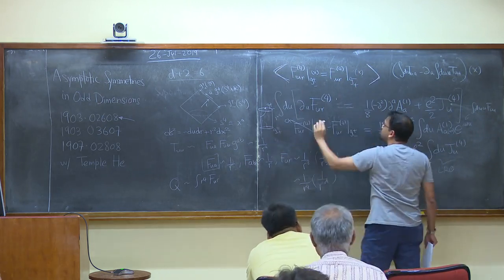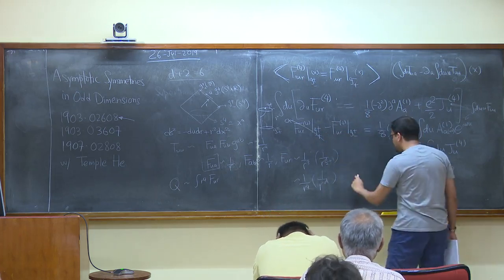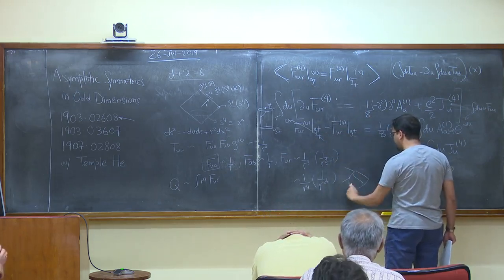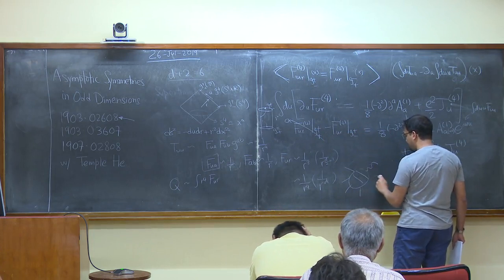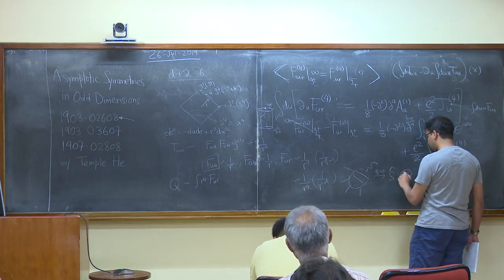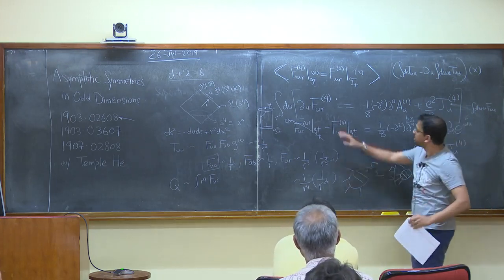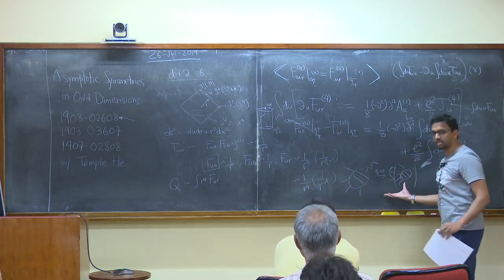Now I want to manipulate both sides and bring it into the form of a soft theorem. Remember, the soft theorem form was that I have some amplitude, and there's a soft particle, and then I take a soft limit, and I get some soft factor times this. So this is the form. I want to show that this statement is equal to this statement.